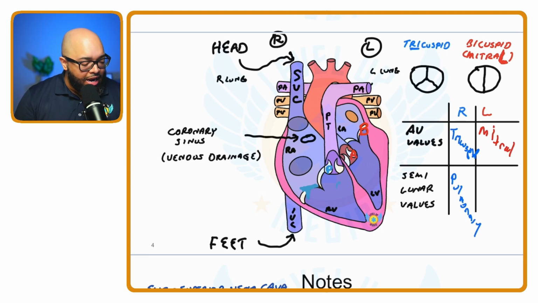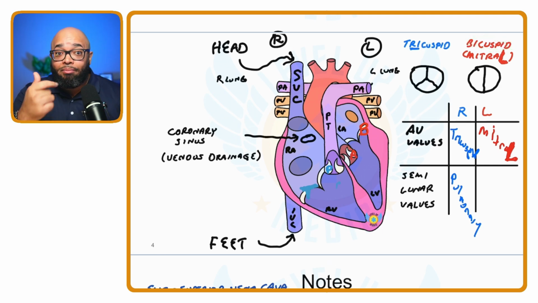Mitral, okay? And I want you to say mitral. Notice that mitral has an L in it, just like left has an L in it, okay? Because the mitral valve is on the left. Now, mitral also is known as the bicuspid valve. Another name for the mitral valve, the bicuspid valve, is also the bishop's mitre.